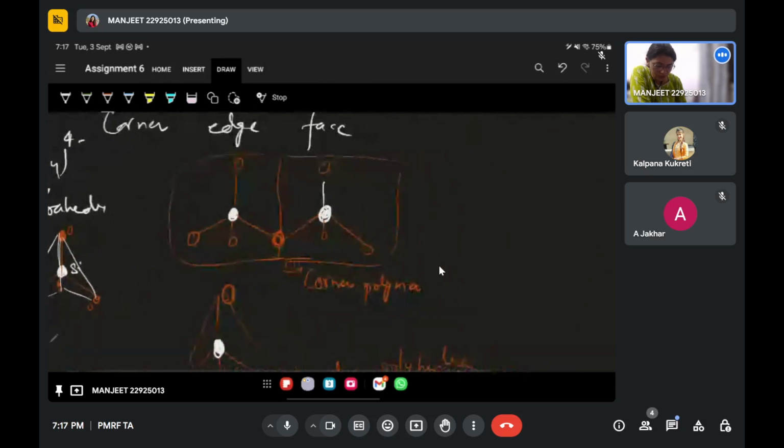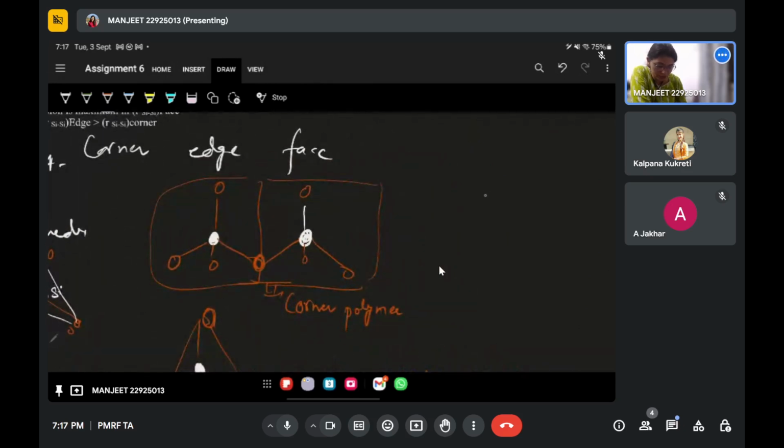Next, the third one is the face one. In the face case, if there is your silicon atom sitting somewhere here, one of the faces is shared with another polyhedra.